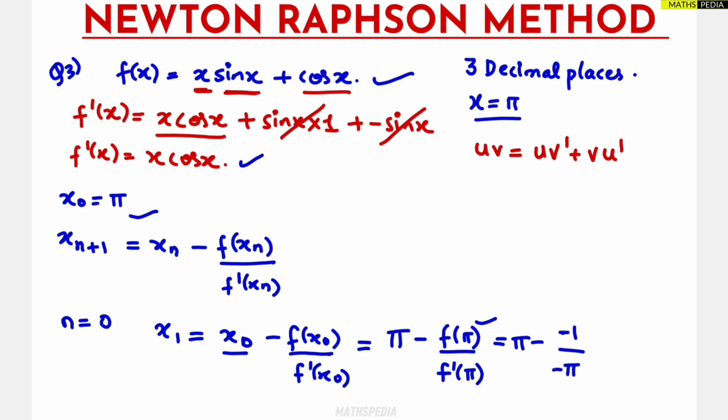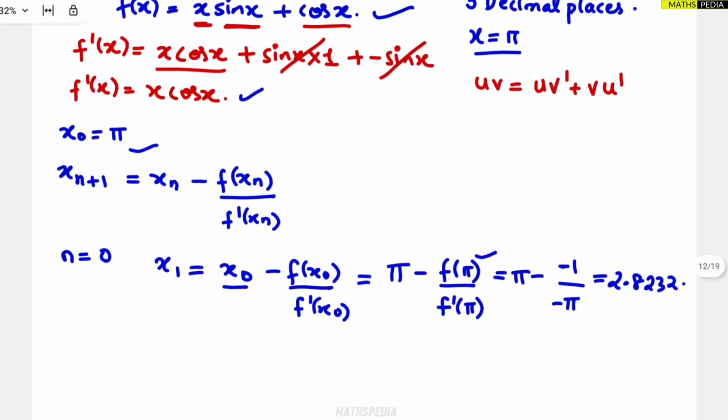Minus minus cancel, and you'll get the value pi minus this thing, which is 2.8232. I hope you understood. Just substitute in the values.